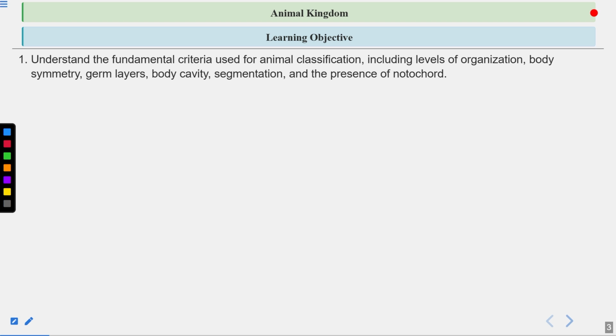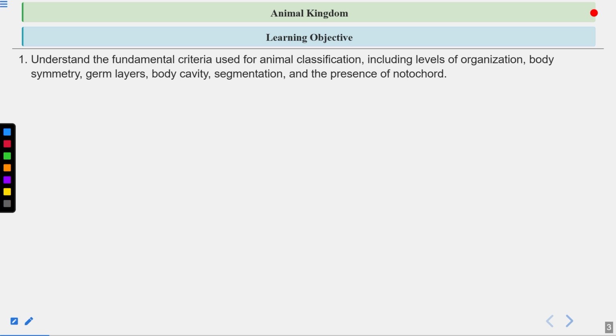So, today's learning objective. What is the learning objective of today's lecture? To understand the fundamental criteria used for animal classification, including the levels of organization, body symmetry, germ layers, body cavity, segmentation, and the presence of notochord.